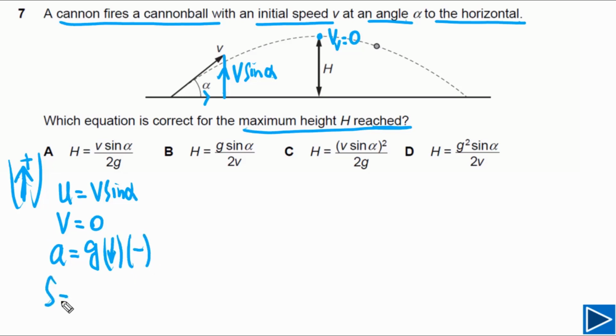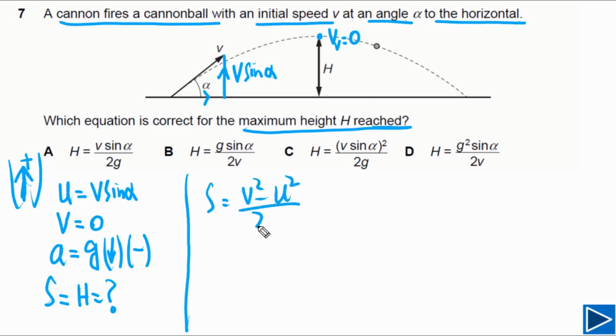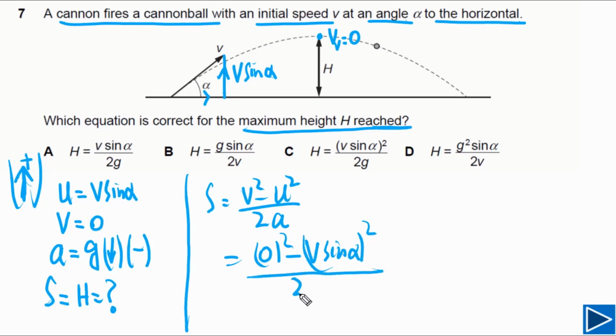Next thing we need to find out is the vertical displacement. Let's say this is s and this is equal to capital H, the maximum height. Now simply we need to use the SUVAT equation, so we can write s is equal to v square minus u square divided by 2a. V is equal to 0, so simply we can write 0 minus v sine alpha square divided by 2g, but g is negative, so this is negative g.